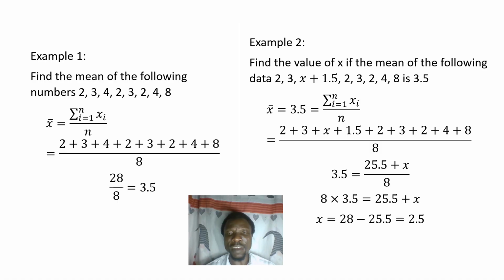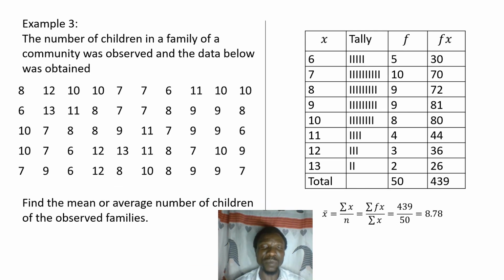That will give us 25.5 plus x. So we then cross multiply, which gives us 8 times 3.5, that is 28, equals 25.5 plus x. At the end of the day, if we solve for x, x will be equivalent to 2.5.